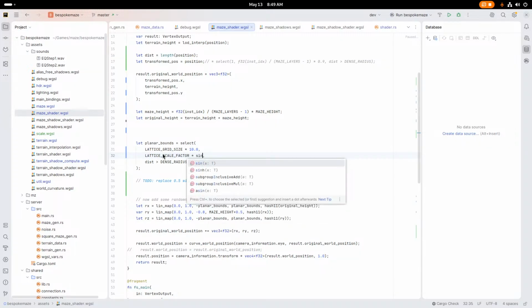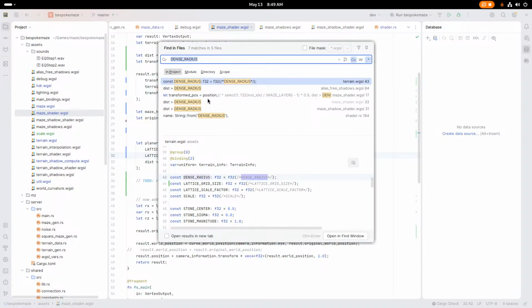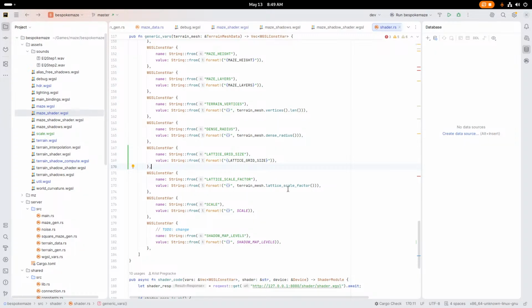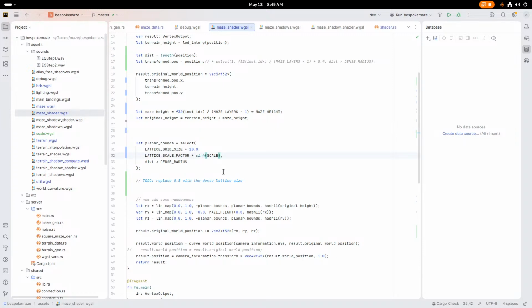Alright, times sinh. Okay, so scale times scale times dist divided by lattice scale factor minus, okay, yeah, I need to do this.